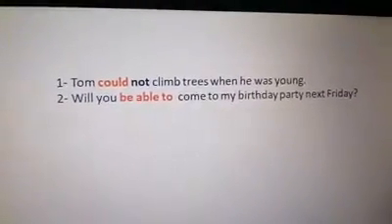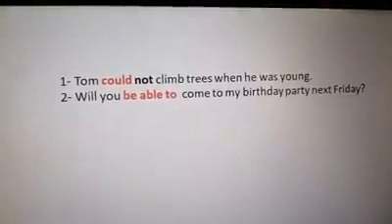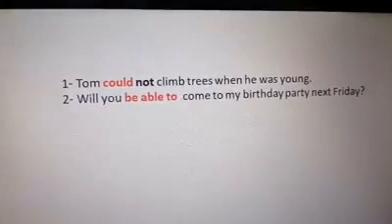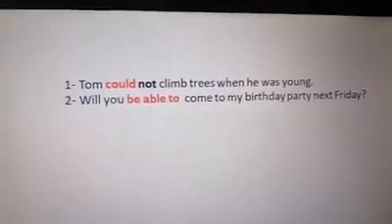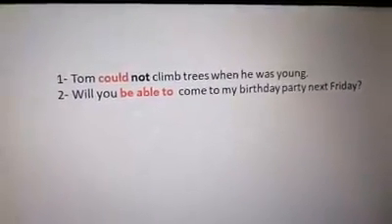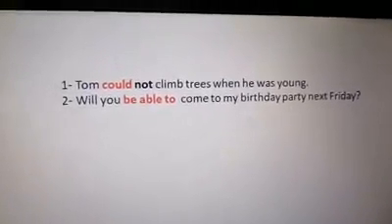Number 2: Will you be able to come to my birthday party next Friday? Now I've got will here. Can I say will you can come to my birthday party? No, I can't. Will you could? No. So here I have to use will you be able to come to my birthday party next Friday? And again here I'm using be able to in the future tense.